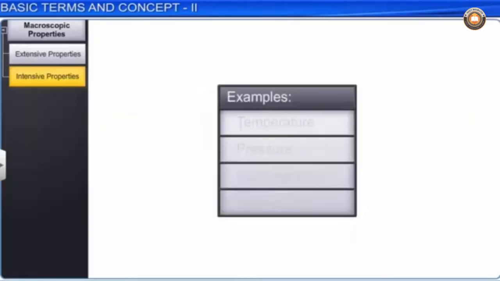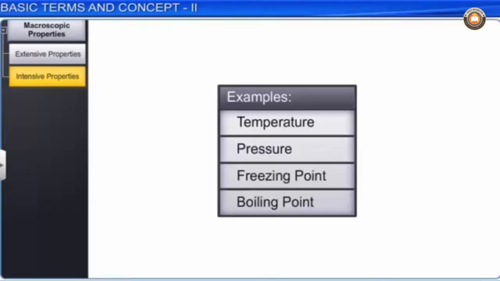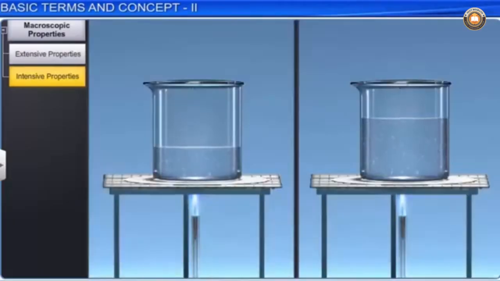Some examples of intensive properties are temperature, pressure, freezing point, and boiling point. For example, boiling point is an intensive property because whatever be the quantity of water, it always boils at 100 degrees Celsius.